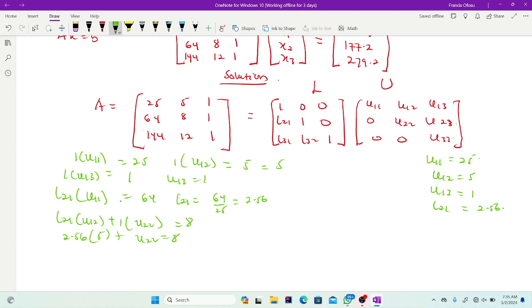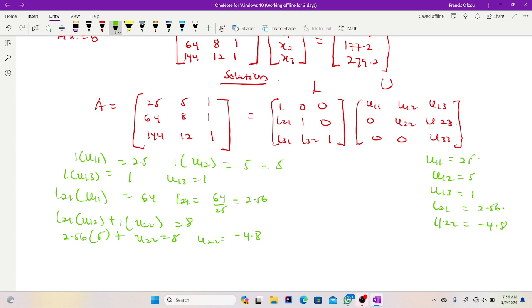So I need U22, which is simply equal to 8 minus this expression. So you just do 8 minus 2.56 times 5, and that gives me negative 4.8. So U22 is equal to negative 4.8.